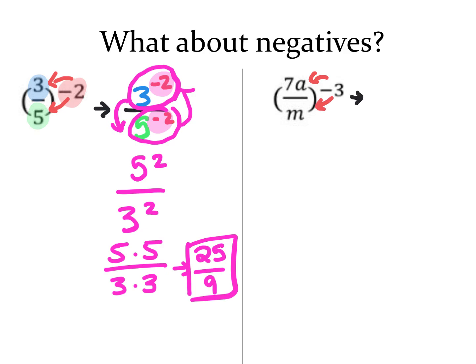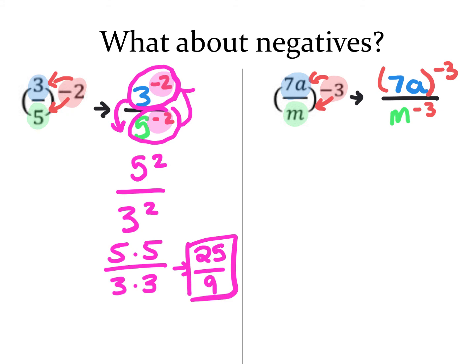So when I rewrite it, the numerator of 7a, I get 7a, and the whole thing is raised to the negative 3rd power. And the denominator of m is now raised to the negative 3rd power.